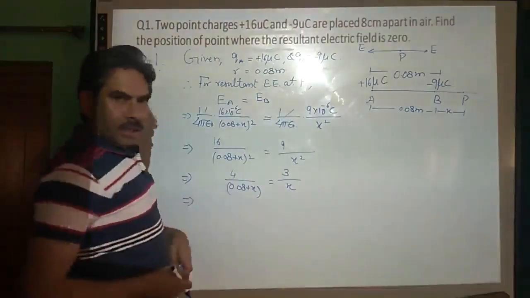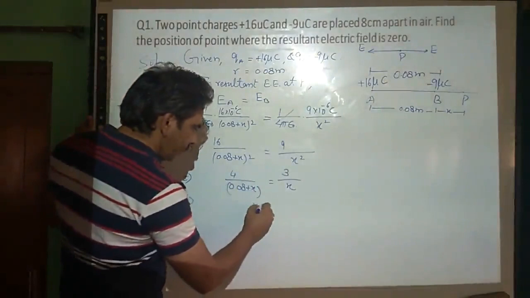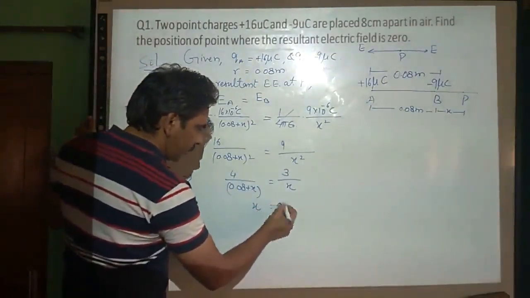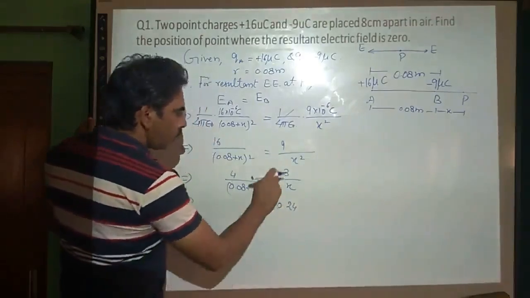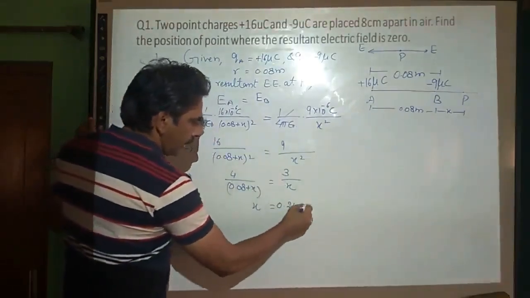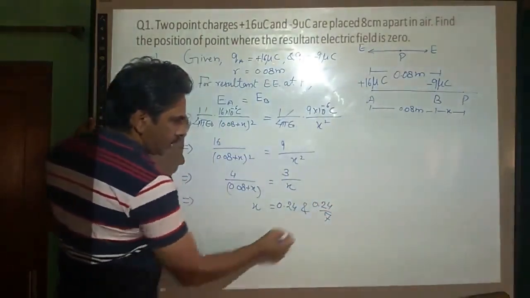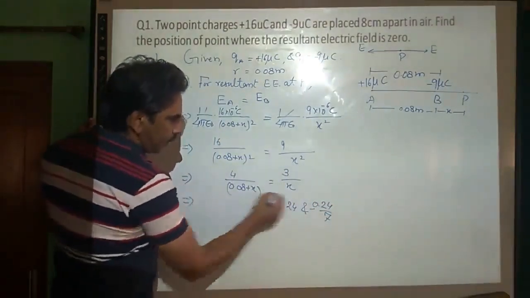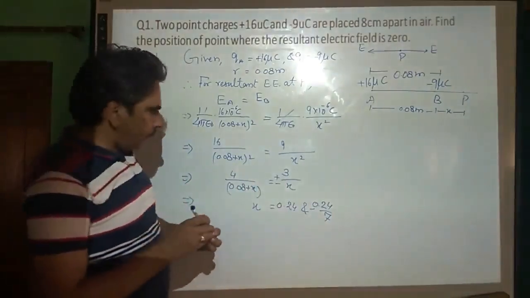Let us take the cross multiplication and solve. I am just writing the result. We get the value of x to be 0.24 and 0.24 by 7, with a minus sign. One thing you must keep in mind is that whenever we take a square root, we have to take both possibilities of plus or minus.